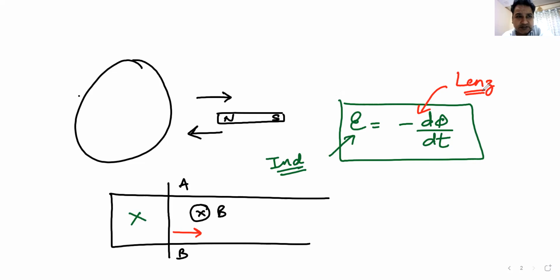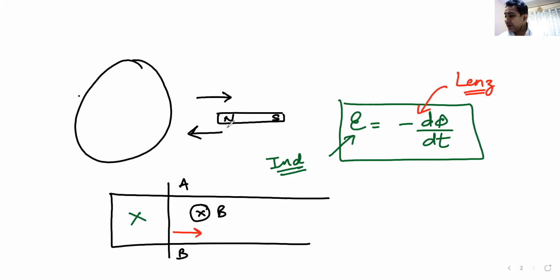Lenz's law states that the direction of this induced EMF, or for that matter, the direction of this induced current, would be such that the EMF or current opposes the rate of change of flux, or in any way it will oppose the change in flux, or it will oppose the cause of flux. It will try to oppose the cause of whatever is producing it.